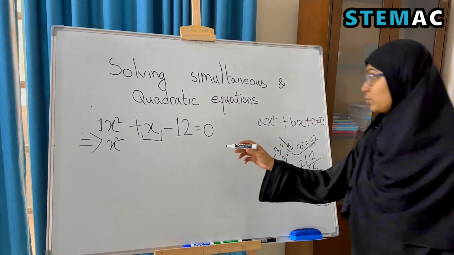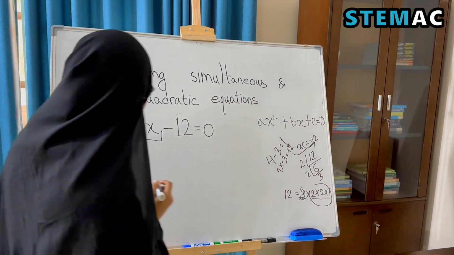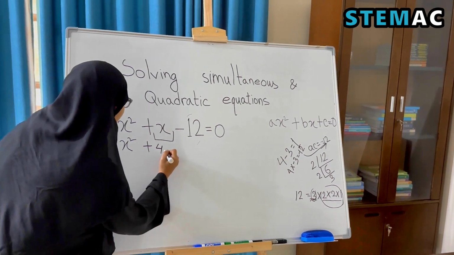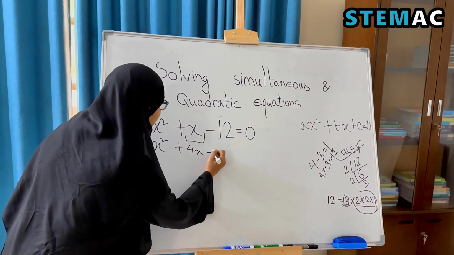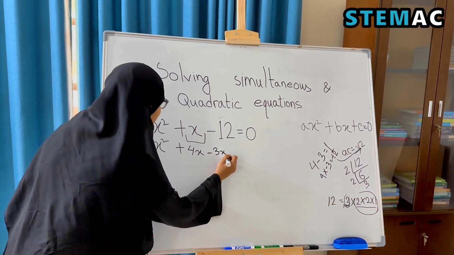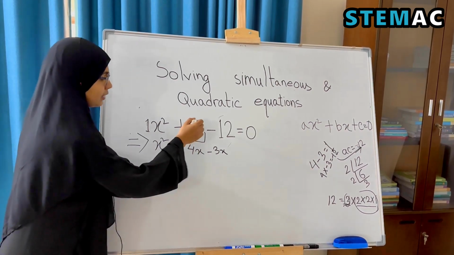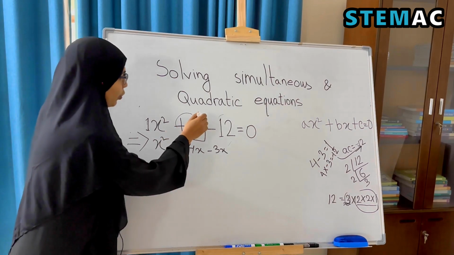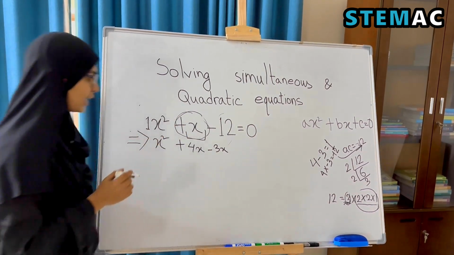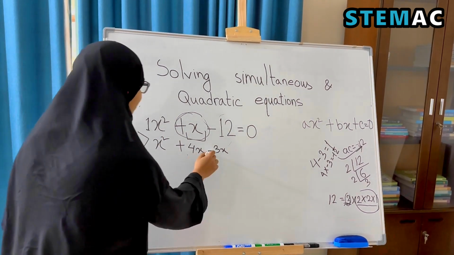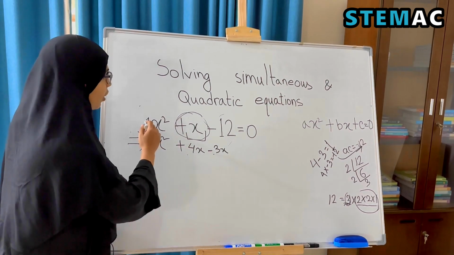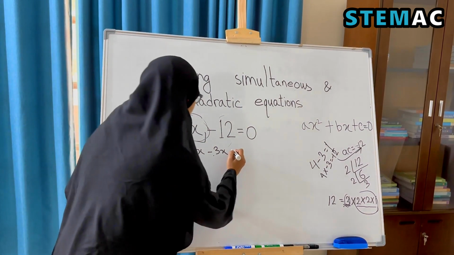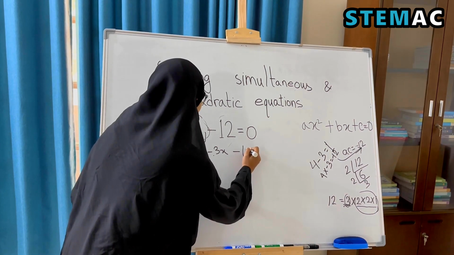So, we have to split the term in such a way that we get 4x minus 3x equals x. Also 4 into minus 3 makes AC, 1 into minus 12, minus 12. So, that is how we split the middle term.